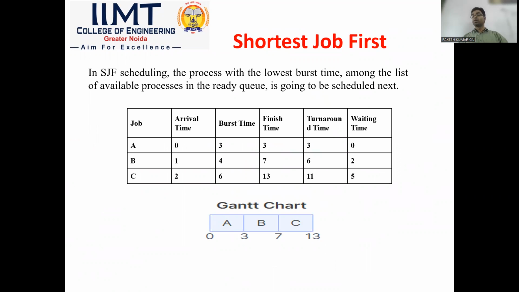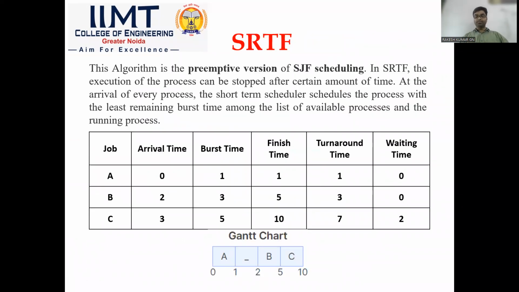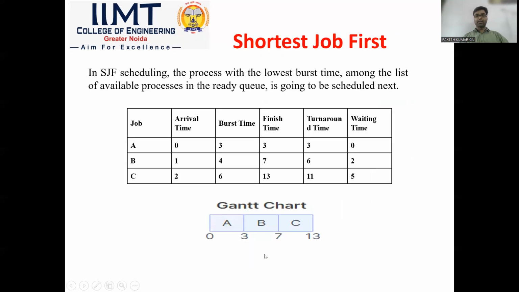As I have told you, you can write the completion time directly from the right side of that particular process. For process C, the completion time is 13, for B it is 7, and for A it is 3.